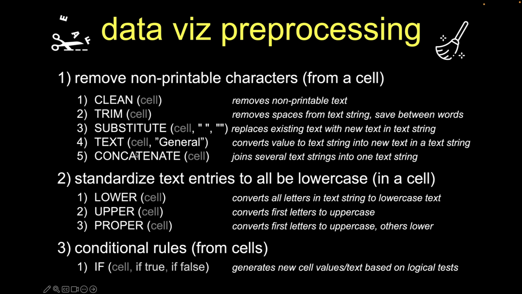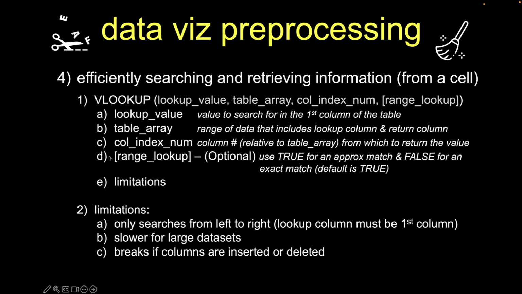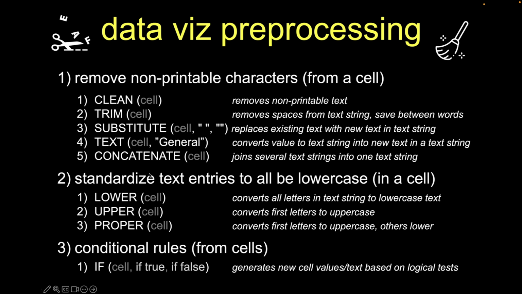And then we can, this will turn stuff into text. This is a pretty helpful one. This will join several text strings into one text string, and that can work for both one cell or many cells.